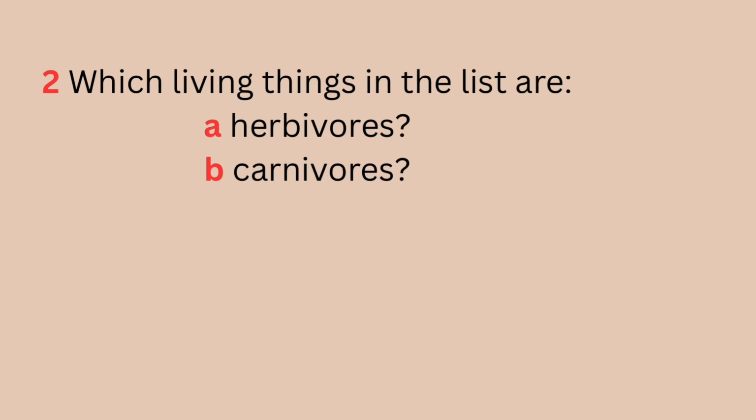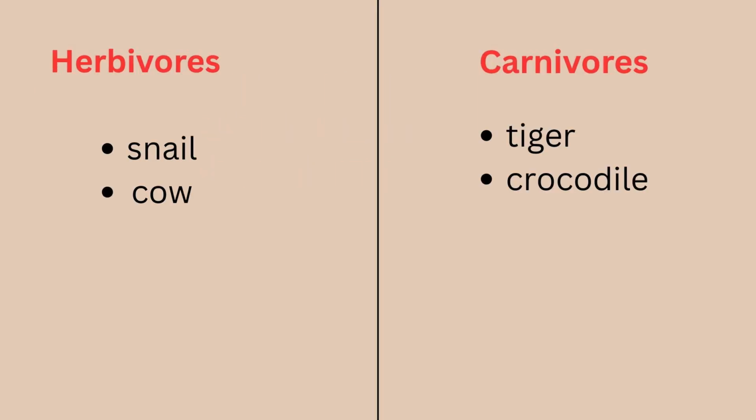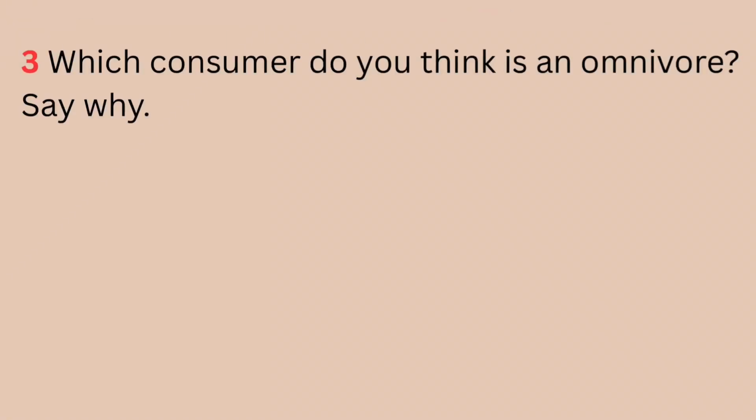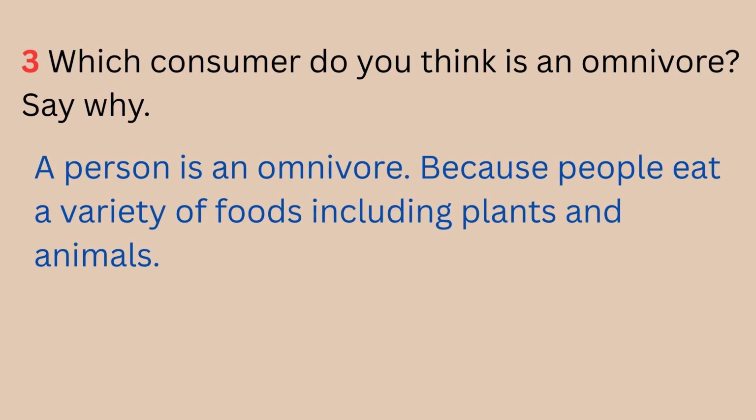Which living things in the list are A. Herbivores, B. Carnivores? The answer is herbivores are snail and cow. Carnivores are tiger, crocodile. Question number 3. Which consumer do you think is an omnivore? Say why. A person is an omnivore because people eat a variety of foods, including plants and animals.